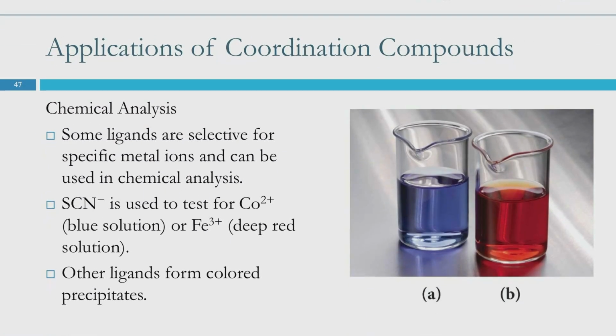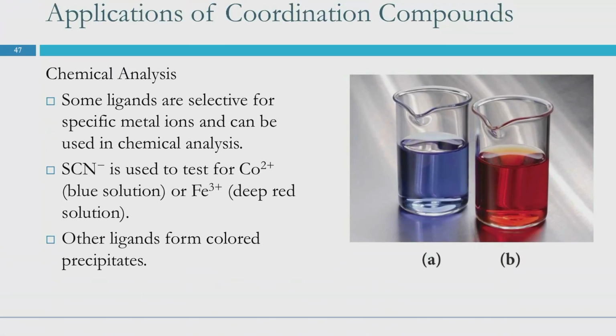Coordination compounds are also useful for chemical analysis. So some ligands are selective for specific metal ions, and we can use them in chemical analysis, kind of like we did with our qualitative analysis. For example, thiocyanate ion can be used to test for cobalt 2+ or iron 3+. In the case of cobalt 2+, it produces a blue solution.